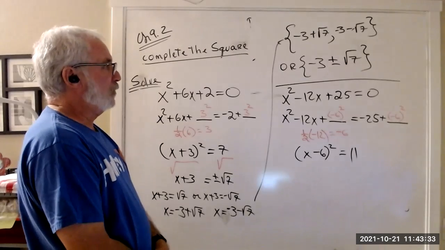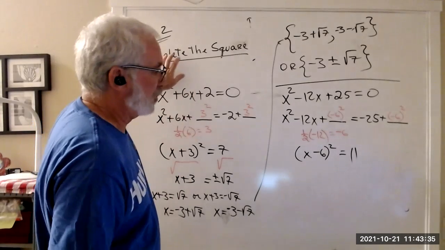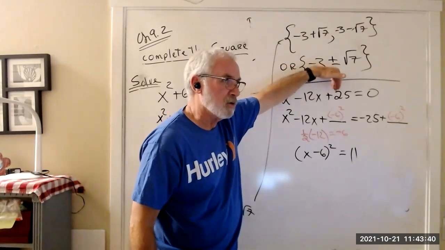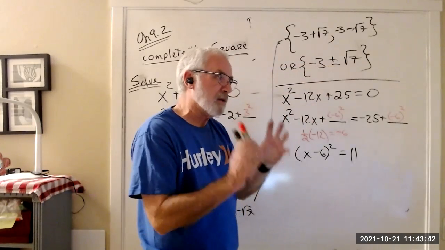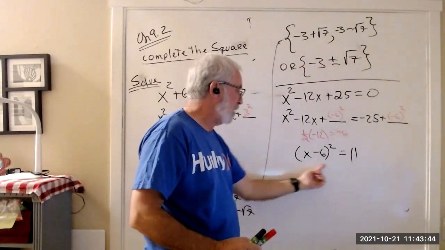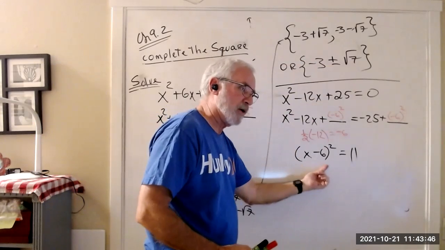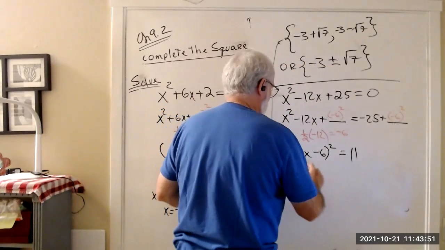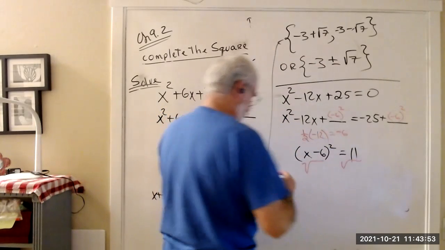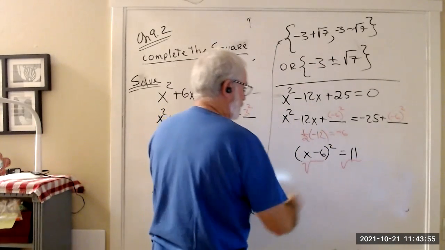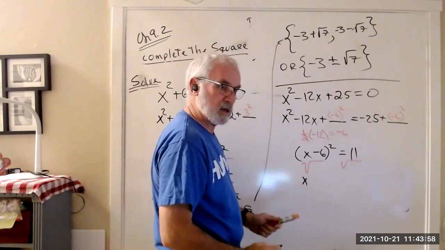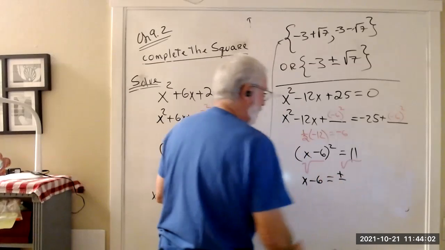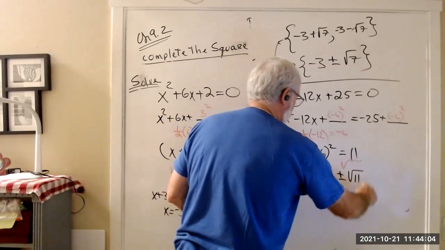Okay, so what this process called completing the square has done, it's taken this trinomial and allowed me to manipulate it so that it now looks like a quantity squared. So now I can square root both sides. This becomes x minus 6 equals, must remember the plus or minus, square root of 11.